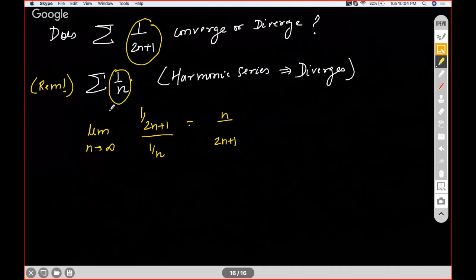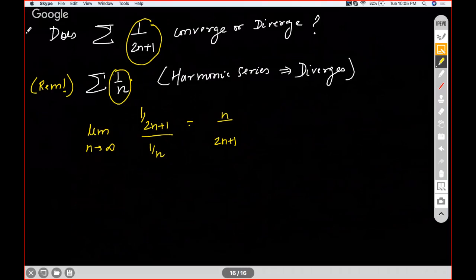Now I'm doing the limit comparison test. What if you take a convergent series instead of the 1 by n harmonic series and compare it? Why can't we take a convergent series? You suggest me a convergent series. 1 by n to the power 4 or n to the power 2.